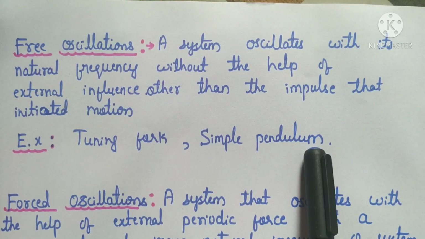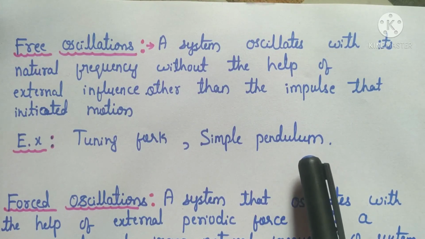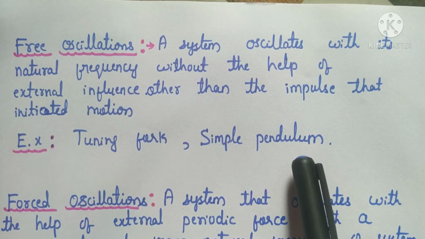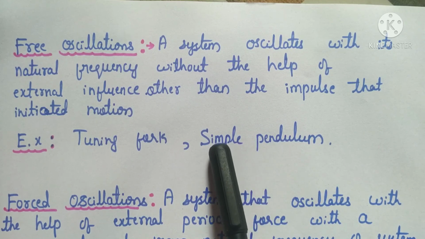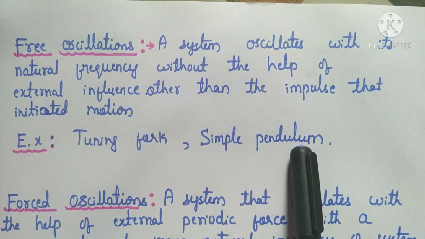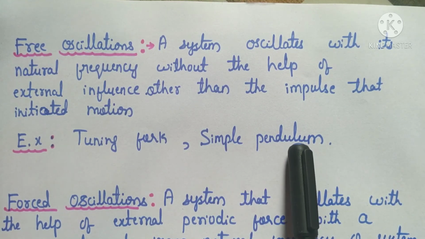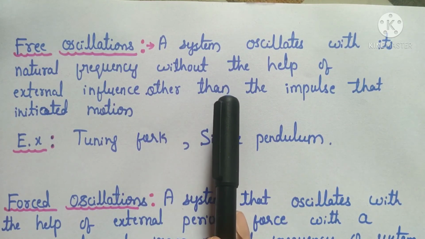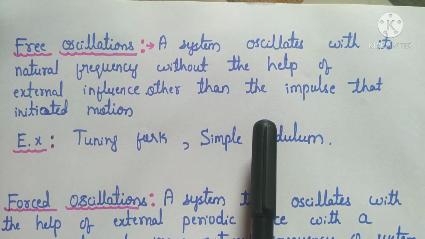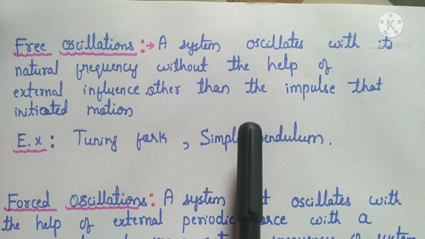You need not apply force continuously. Once you drag and leave it, the bob starts to oscillate by itself. So keep it in mind, free oscillation means a system oscillates by itself with its natural frequency without the help of an external force.